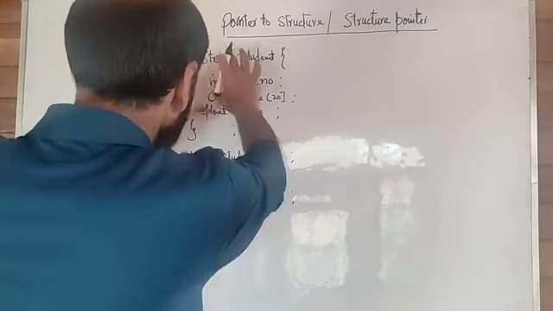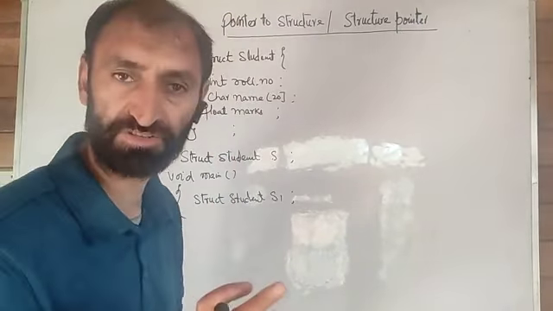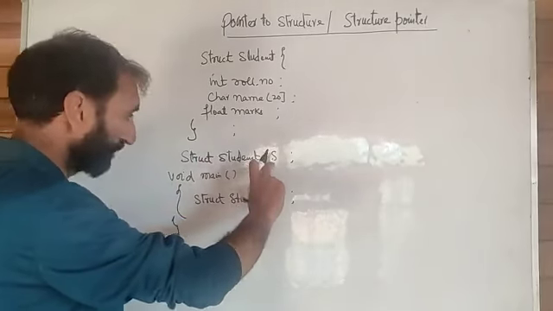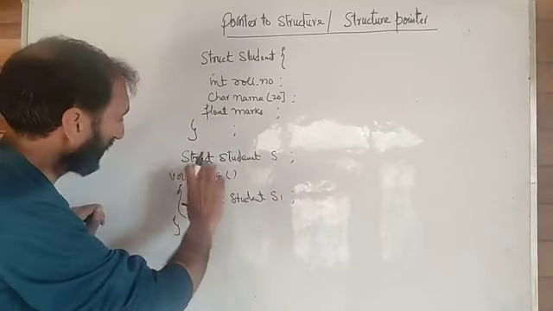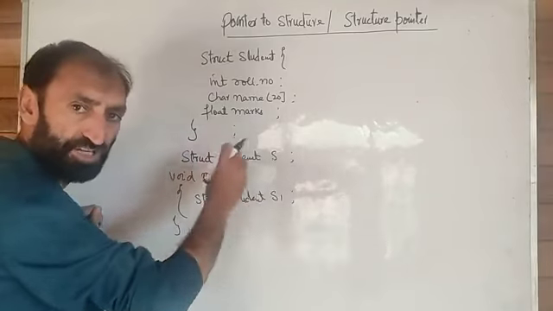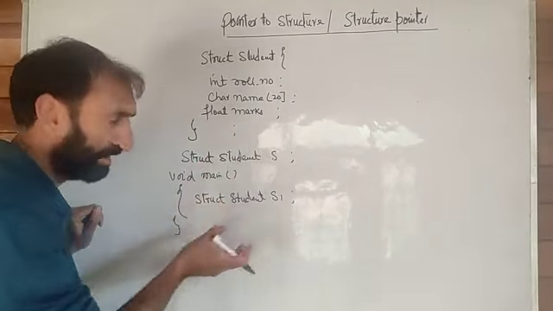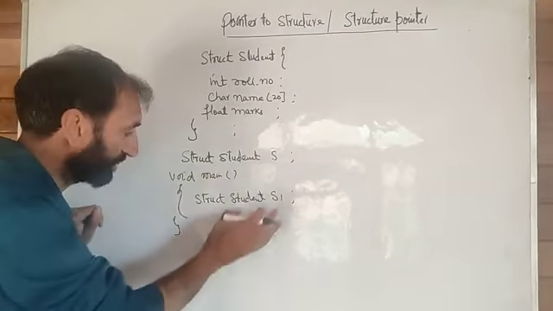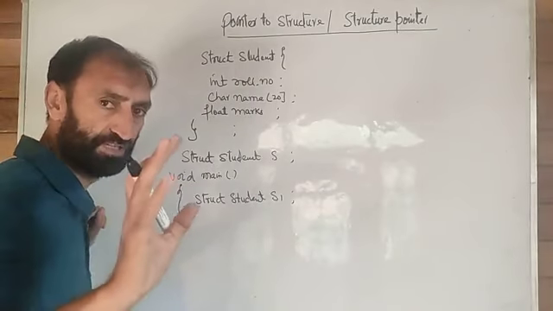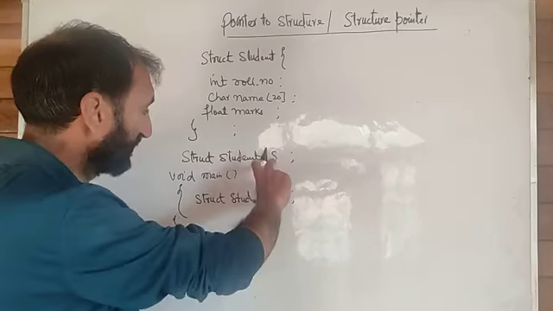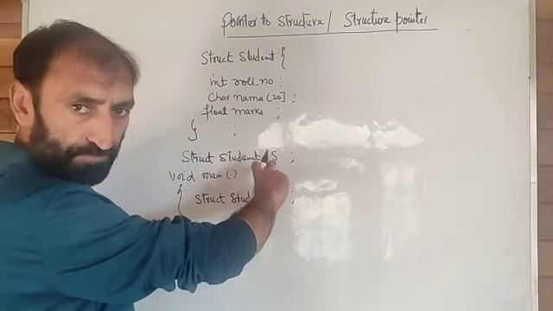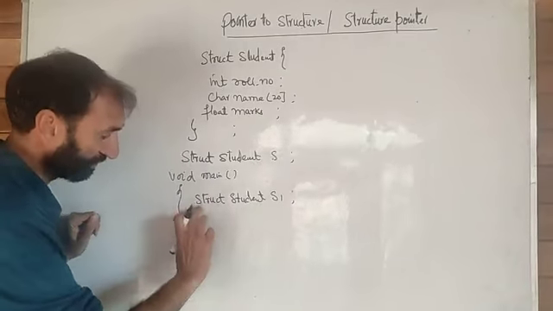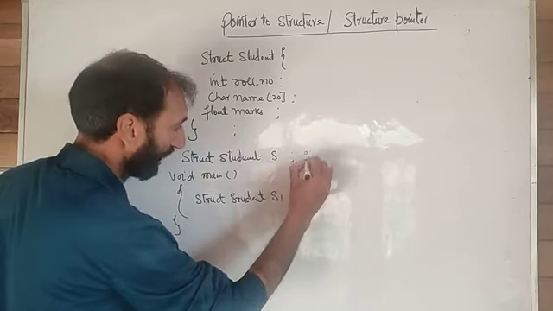For example, if this program has 5 functions, we can access this S, this struct student S, from any function, from anywhere in the program. All the 5 functions can access this S variable, because it is global in nature.